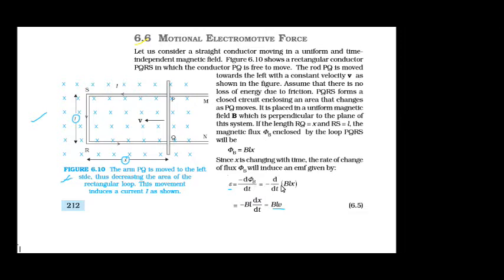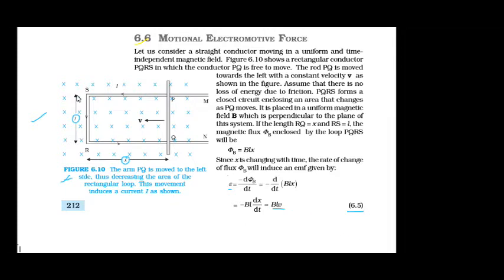Instead of phi B we can write BLx: -d(BLx)/dt = -BL dx/dt. Why? Because B and L are constant, they come out, and only dx/dt is left. Instead of dx/dt, what can we write? We can write velocity, because dx is the distance and dt is the time. Since a direction is given, it is a vector quantity, displacement over time, that is velocity. So we can write BLv.